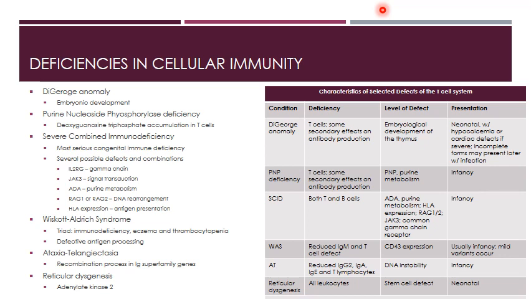Depending on what form of SCID you have, you might have a very severe disease, which is where it gets its moniker, the most severe of all of them, to other forms of it that are a little bit less severe. Okay, more treatable, in other words. The most common form is the X-linked form.